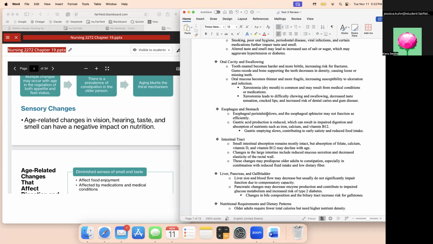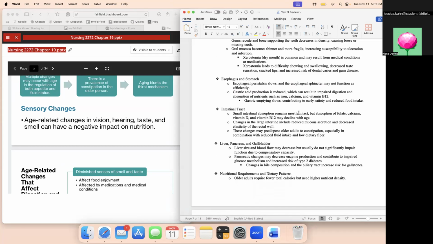The loss of esophageal sphincter function without a decrease in gastric acid can lead to worsening GERD, which can be very uncomfortable and often feels like a heart attack for some people. But once they hit that point of gastric acid production reduction, then that becomes less of an issue.